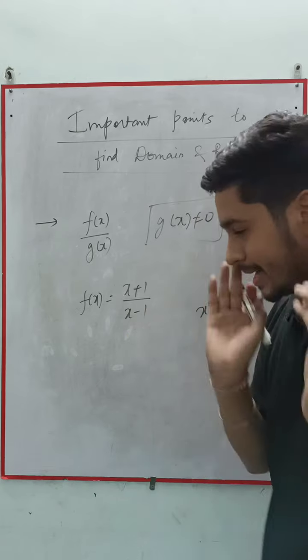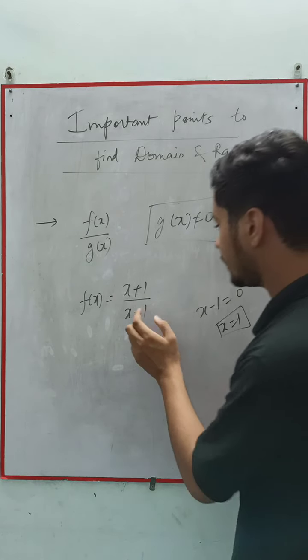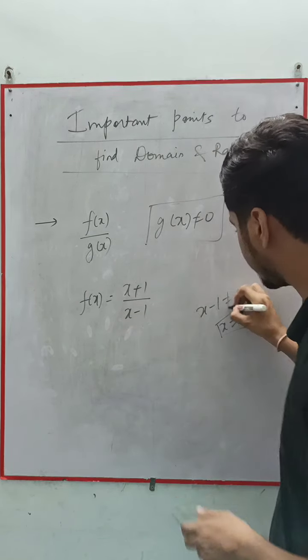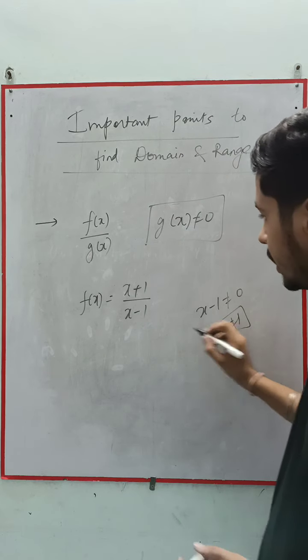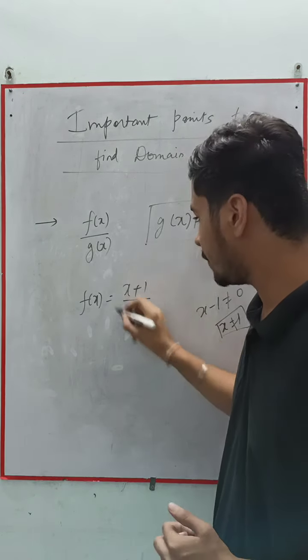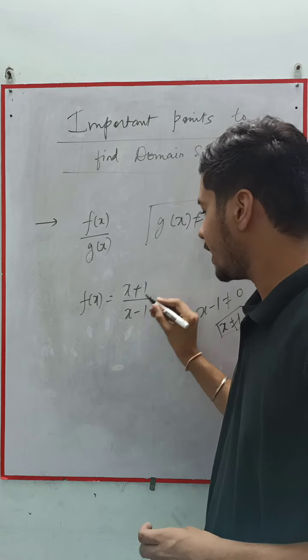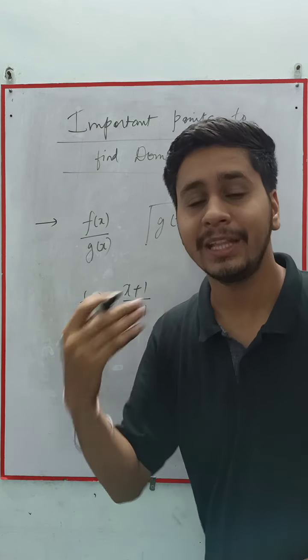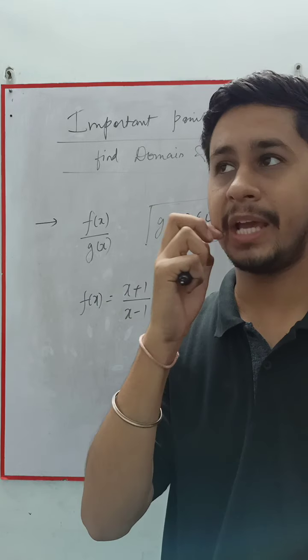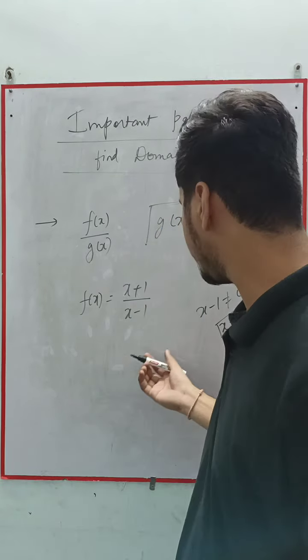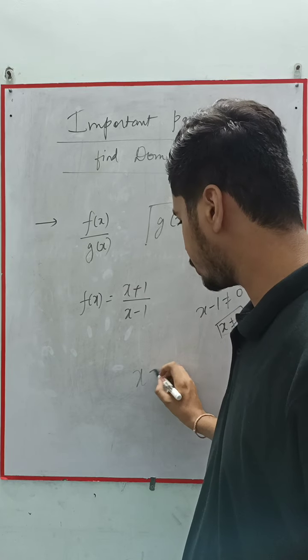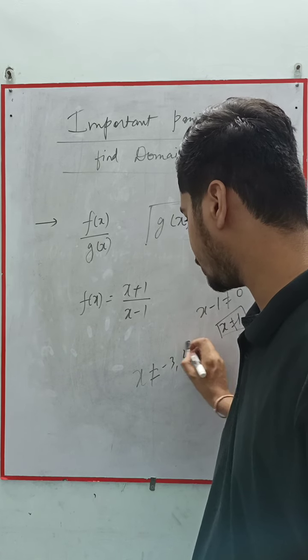But here just try to understand what I am trying to say. This denominator should not be equal to 0. So here x should not be equal to 1. In the 10th class, in quadratic equation chapters or in linear equations, sometimes you would have seen the question, and at last they used to write x should not be equal to -3 and 2.